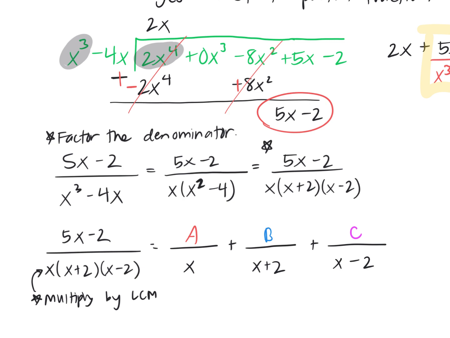So I'm going to multiply every single term by x times x plus 2 times x minus 2. So I'm multiplying everything times x, x plus 2, x minus 2, each term. If we were on Notability, you could copy paste this.